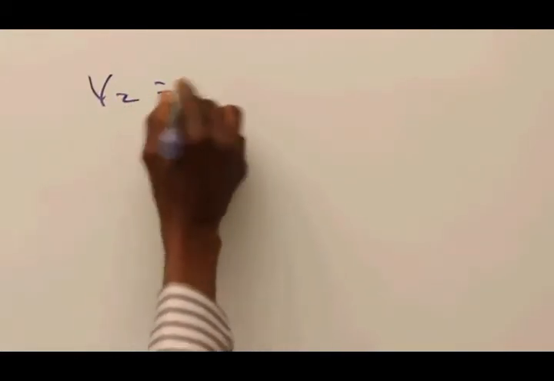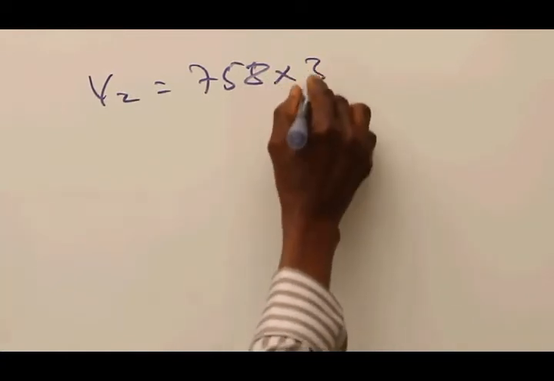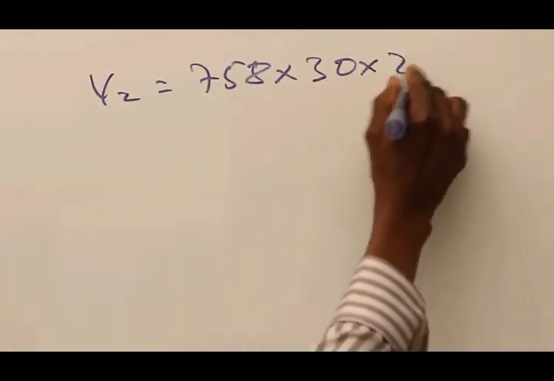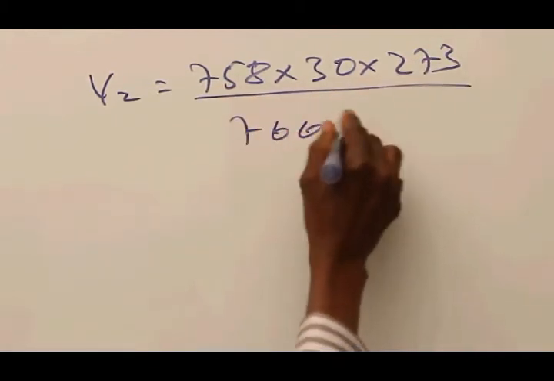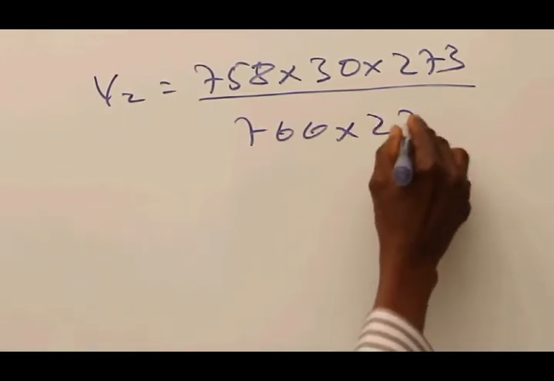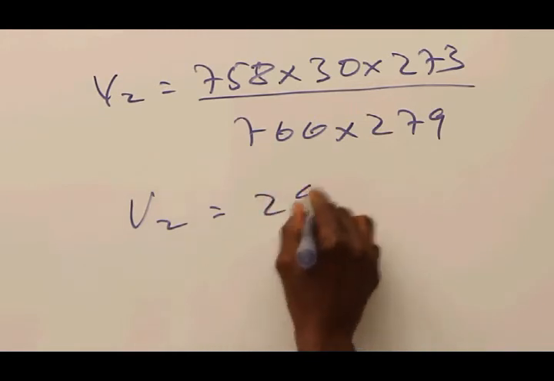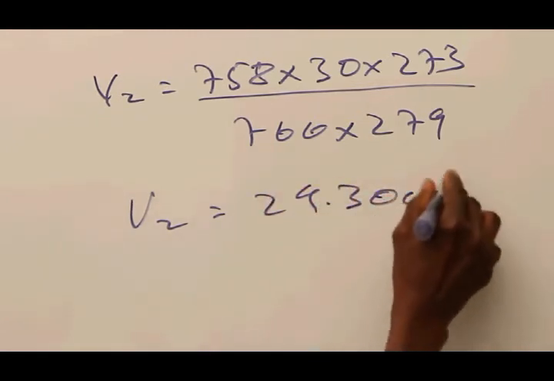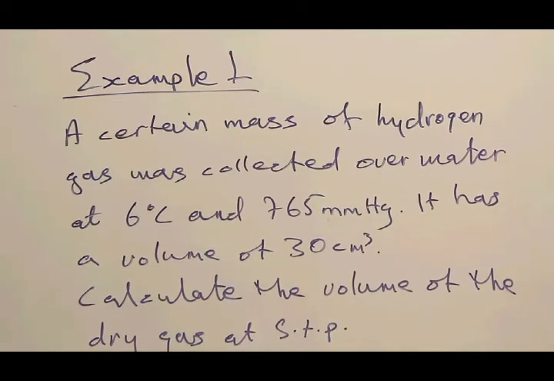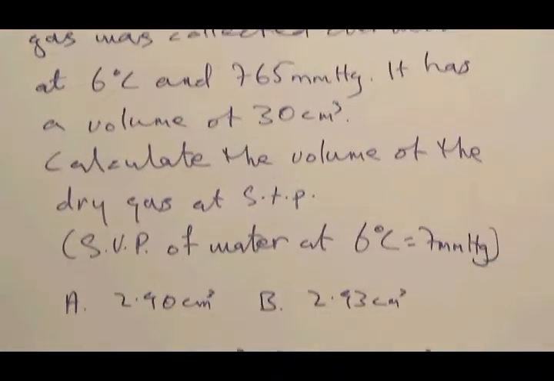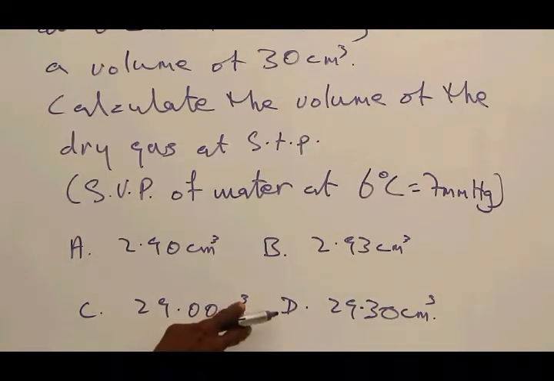V2 is equal to 758 multiplied by 30 multiplied by 273, divided by 760 multiplied by 279. Consequently, V2 on evaluation gives us 29.30 cm³. From the explanation given above, the correct answer is 29.30 cm³, and consequently, the option is D.